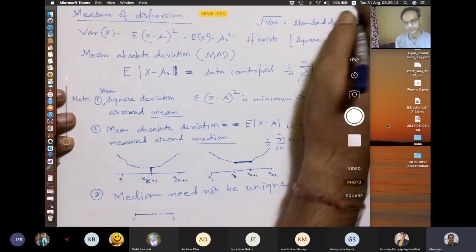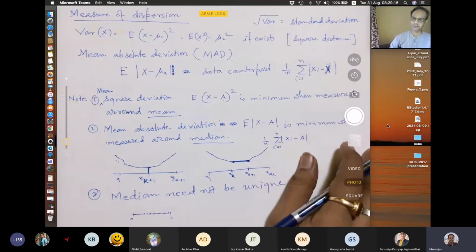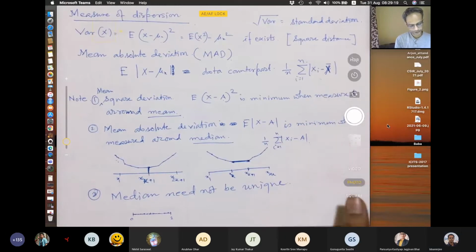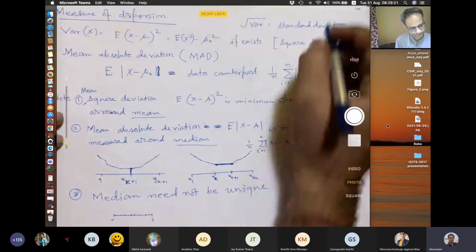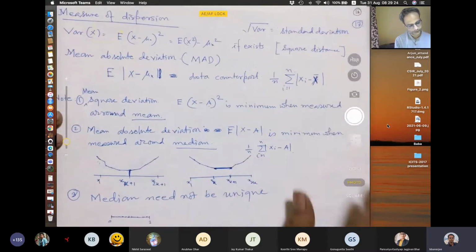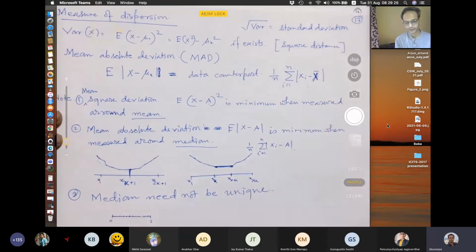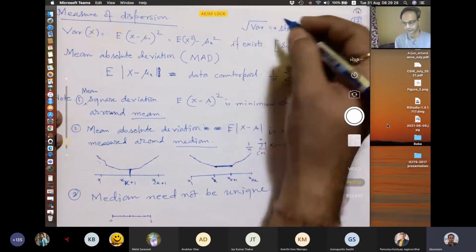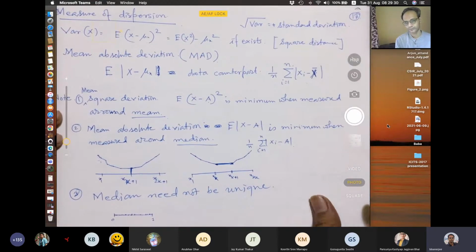It is meaningful in a theoretical sense as well as in a practical sense, for the data. And it is always the positive square root that is taken, not the negative one.